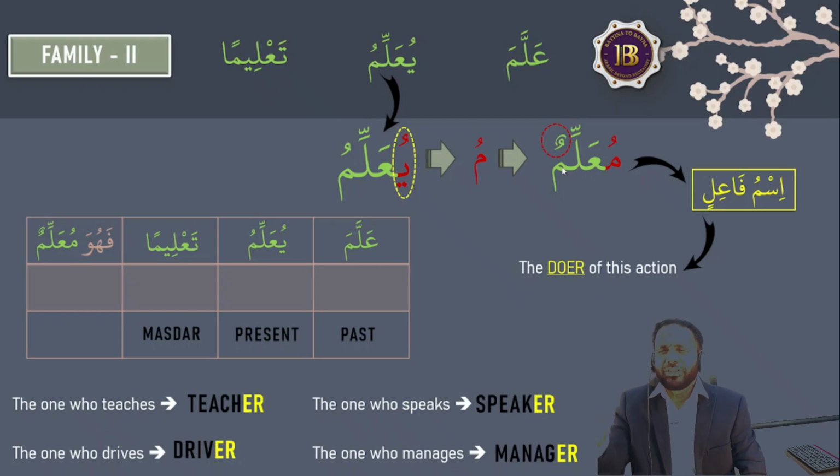Fahuwa is added just for the rhythm, because our students memorize like allama yuallimu taliman fahuwa muallimun, kallama yukallimu takliman fahuwa mukallimun, kazzaba yukazzibu takziban fahuwa mukazzibun. So fahuwa means so it is. Fa means so, huwa means it. So it is. So it's a rhythm kind of a thing, and there is a reason for it, which we will discuss if you go that far. But at this moment, even if you don't say fahuwa, it's fine. But get used to it.